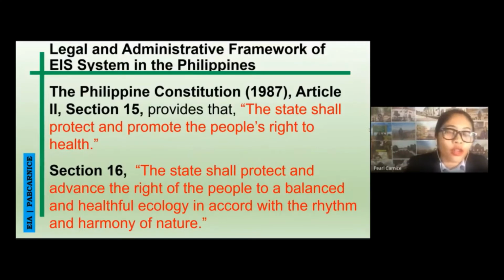Actually, almost all Philippine laws, its main basis is actually the Philippine Constitution. However, after such time, we formulated policies and laws, but we just made them more specific and with specific details, but actually all laws and policies and presidential decrees are based on the Philippine Constitution.